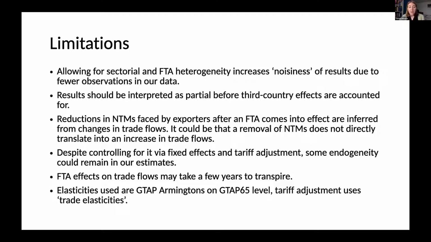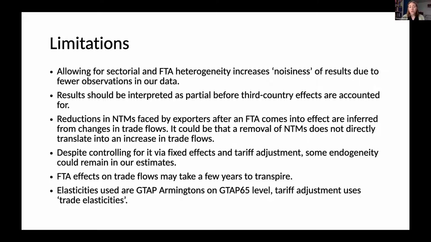We are also trying to control for things like endogeneity, to the extent we can. So we are using pair fixed effects, and we do the tariff adjustments. There could still be some endogeneity left in the model because trade policy could still be endogenous in this setting.